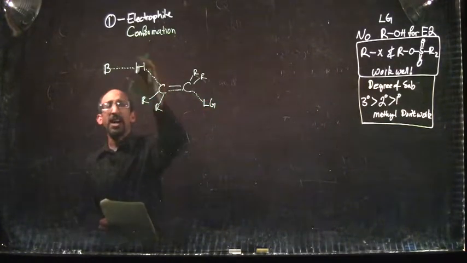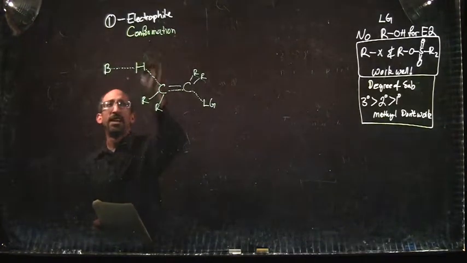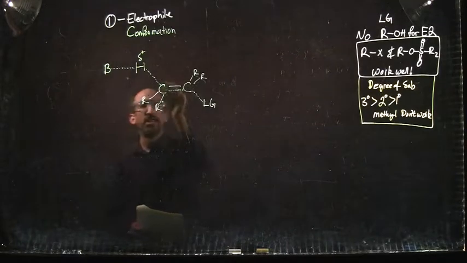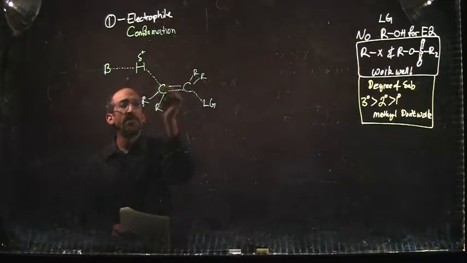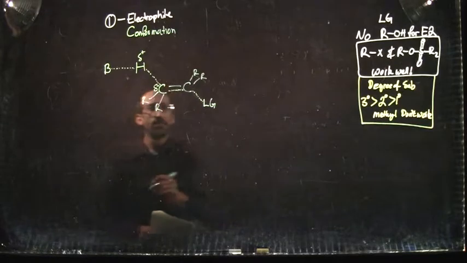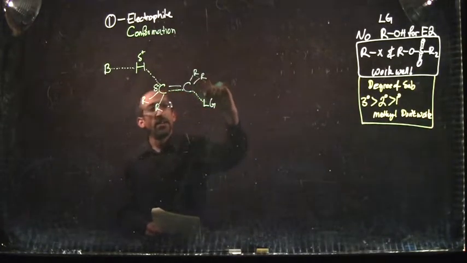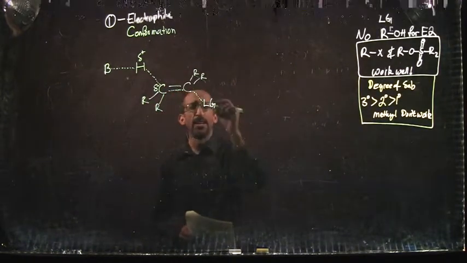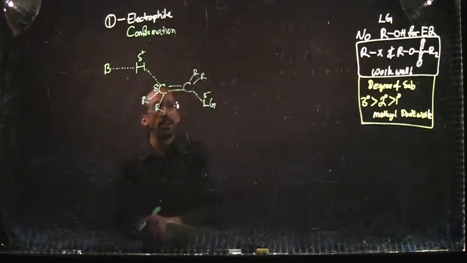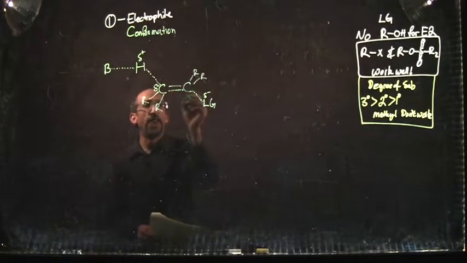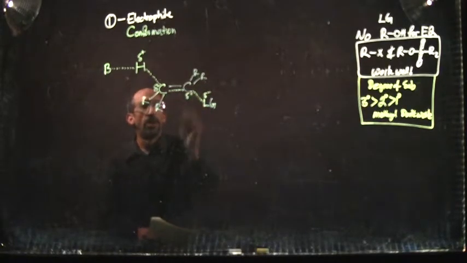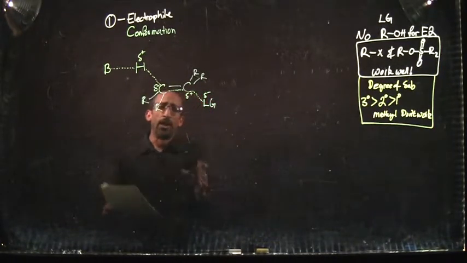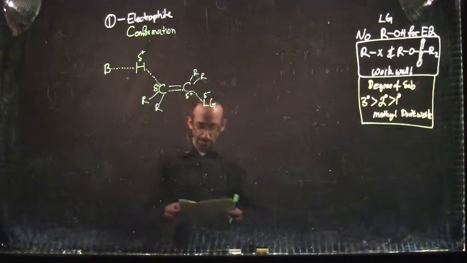Well, this hydrogen is beginning to lose its electrons, so we'll give it a delta plus. Those electrons are being left on our beta carbon, so we'll give it a delta minus. This bond between our alpha carbon and leaving group is beginning to break, and the leaving group is taking the electrons. So we'll give it a developing negative charge, and our alpha carbon will get a developing partial positive charge.